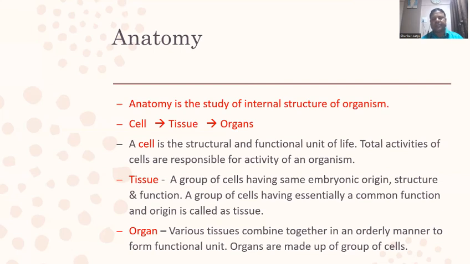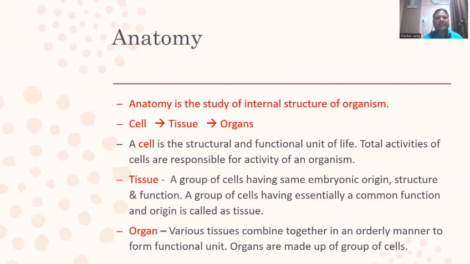So various tissues combine together in an orderly manner to form a functional unit. That functional unit we call an organ, means organs are ultimately made up of cells.